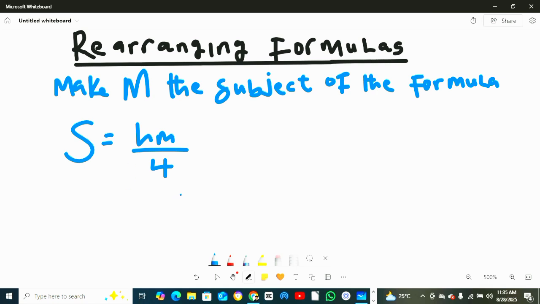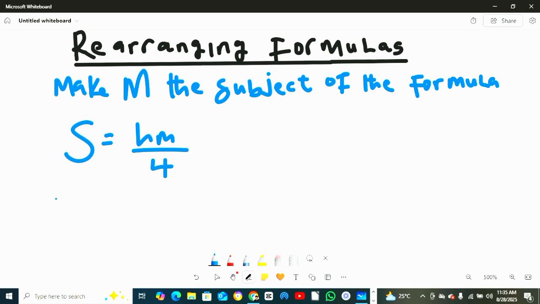So since this is a division sign, you have to introduce the opposite operation. This is a division, so we introduce multiplication because the opposite of division is multiplication. So we're going to multiply this by 4 and do the same thing here, because the rule says whatever you do on this side, you must do on the other side.